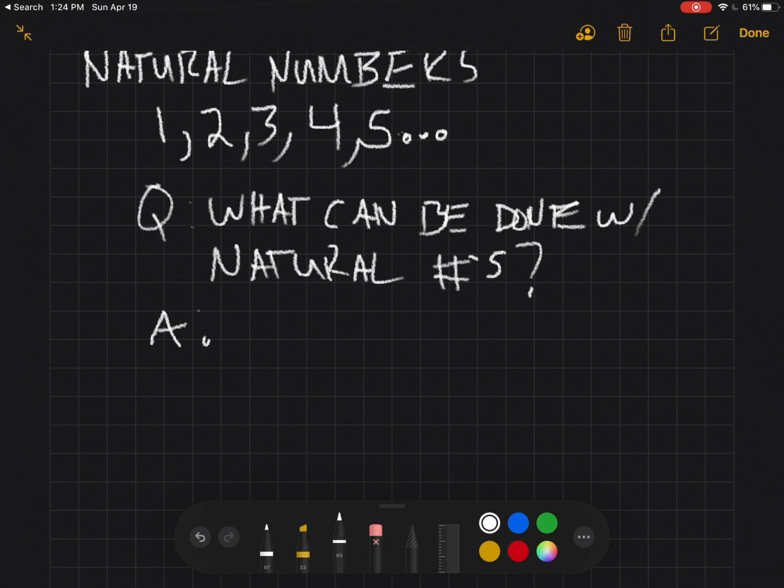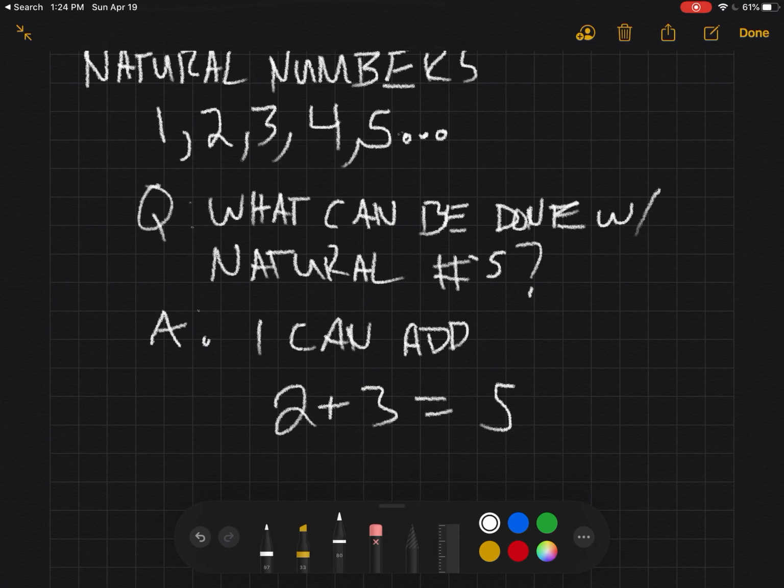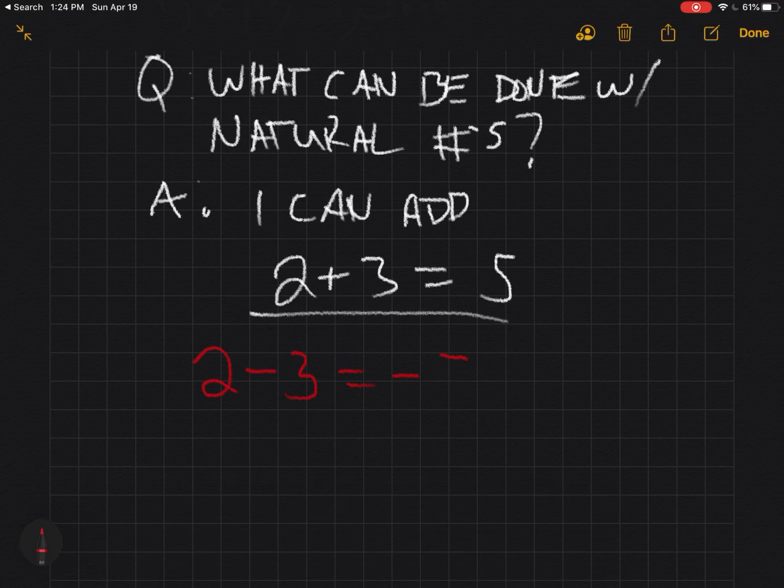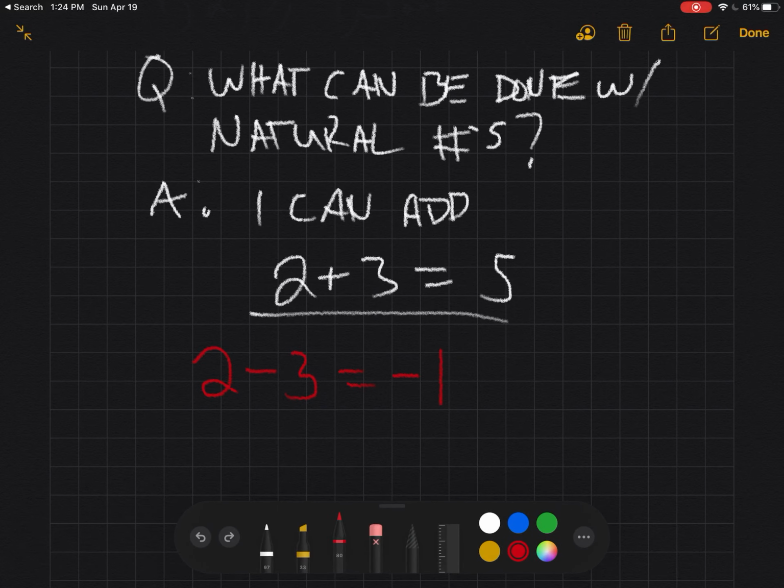So, question, what can be done with natural numbers? The answer is I can add. Right? I can say 2 plus 3 gives me 5. That's a nice thing I can do.